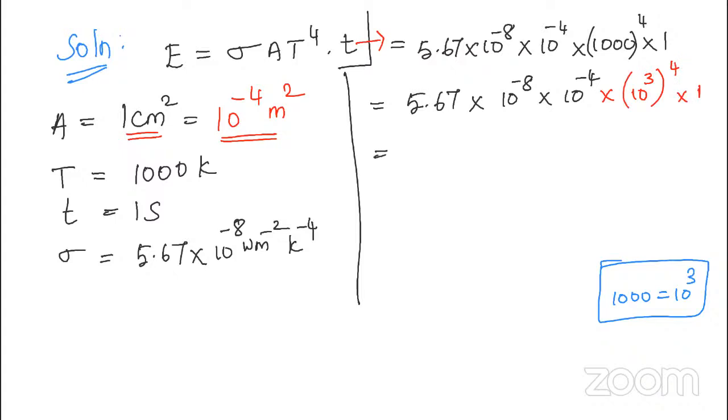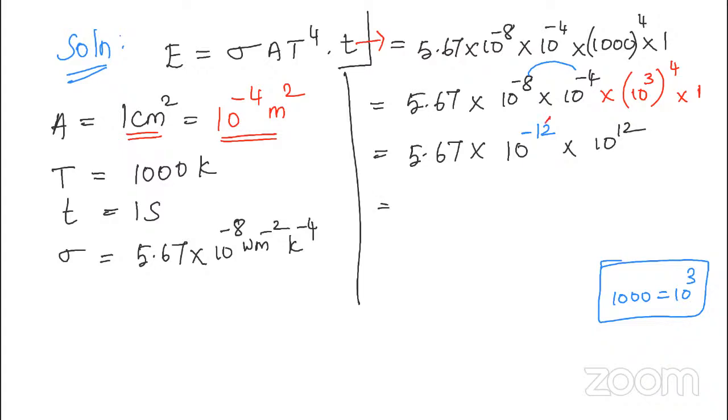So let us now take 5.67 into 10 power of minus 8 and minus 4, which becomes minus 12, and into 10 power of 12 from multiplying the power.